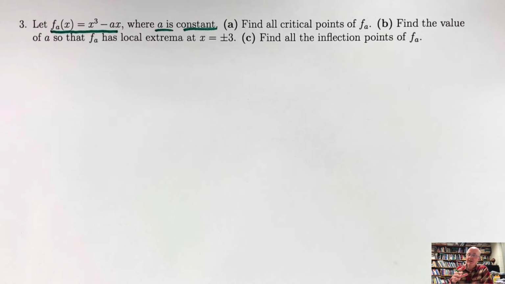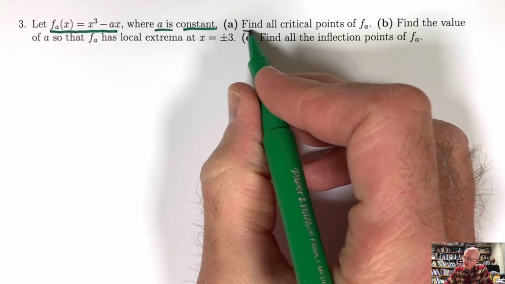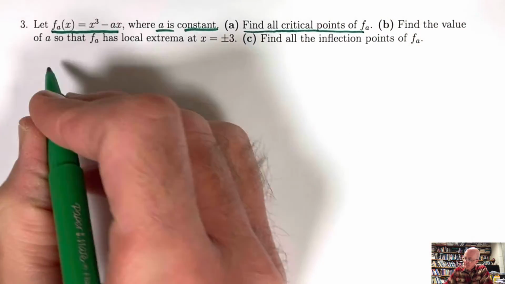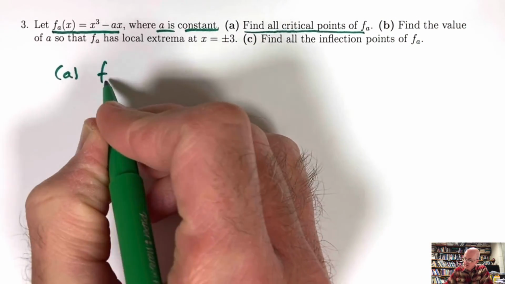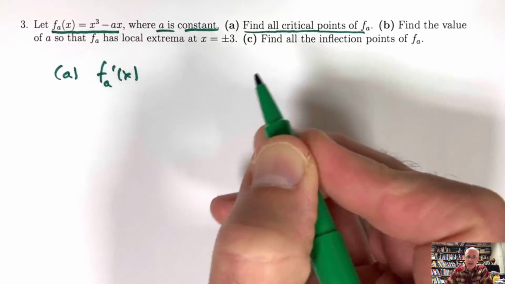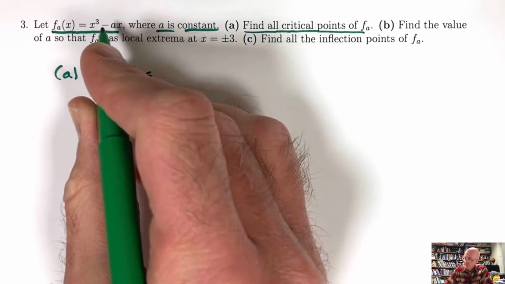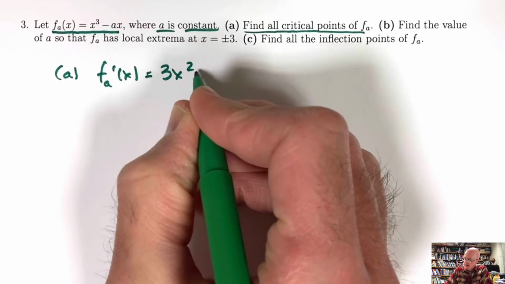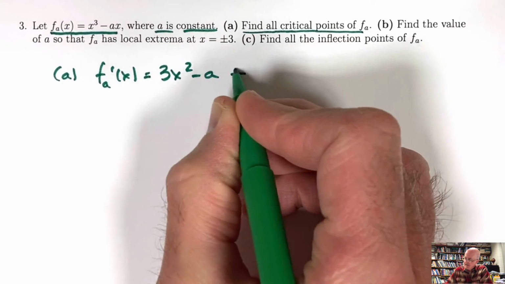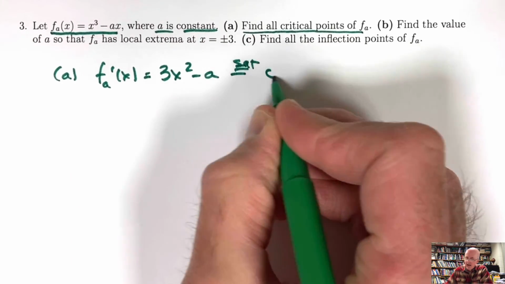For any constant value of a, you can make the graph, but you could change a and make a different graph. How does that graph get affected by changes in a? Part A says find all the critical points of f sub a. Let's do that first. So we need to take the derivative. Treating a as a constant, I'm differentiating with respect to x, and I get 3x squared minus a. Set that equal to 0, and solve for a.